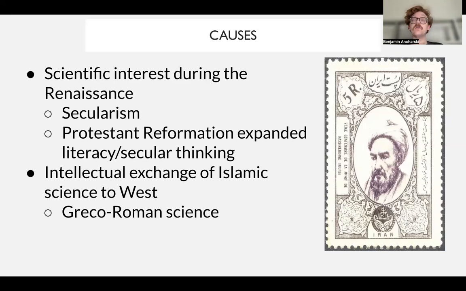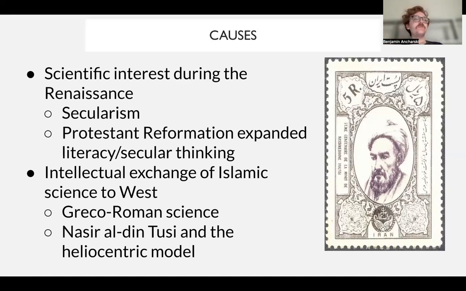Remember, part of the cause of the Islamic Golden Age was interest in Greco-Roman science, in Greco-Roman writing and sculpture and art. So this will carry over to Europe thanks to these cultural exchanges as a result of trade.